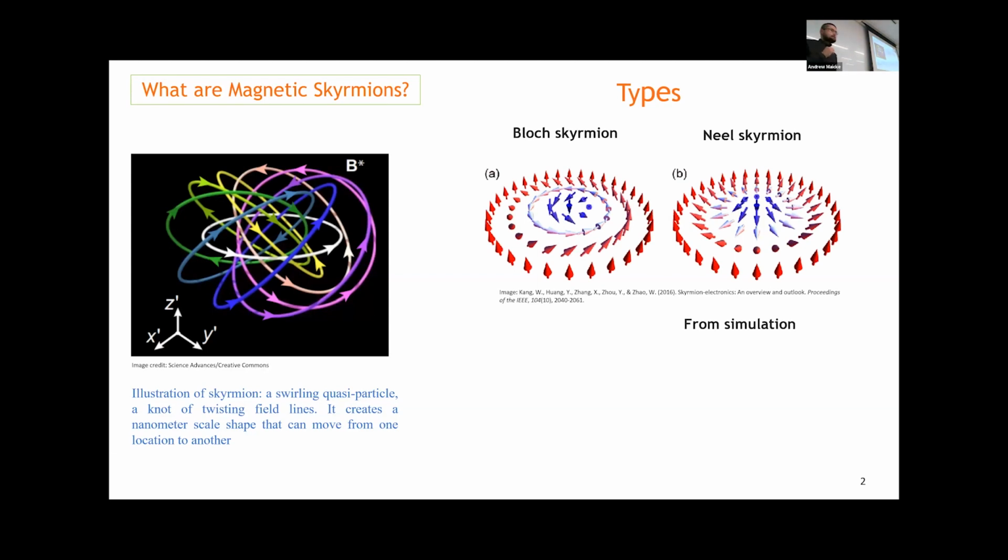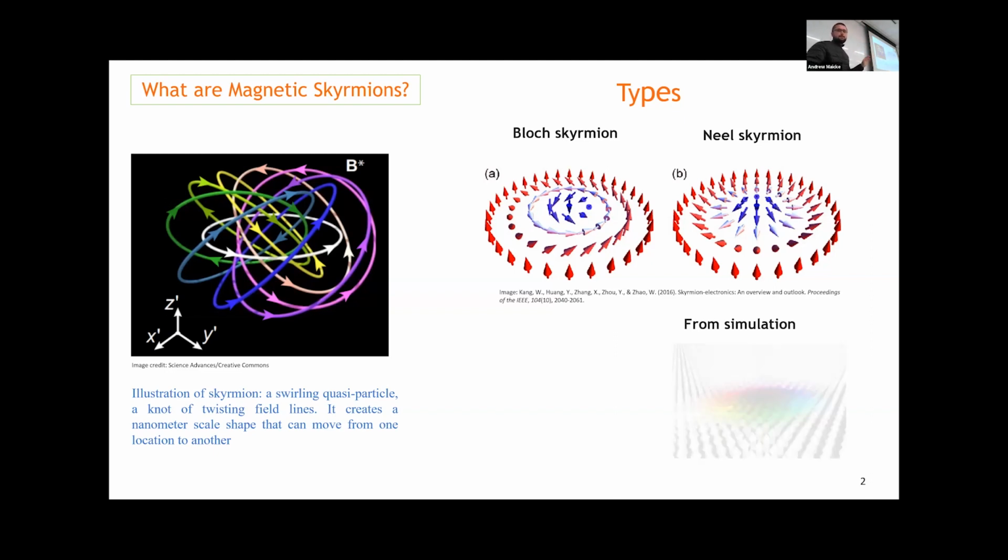So what are magnetic skyrmions? They're basically bubbles, but their official name is a quasi-particle. It's a swirling quasi-particle of twisting field lines that can be manipulated. You can move them around, and they're topologically stable, which means you can't really destroy them easily if given the right conditions to create them.